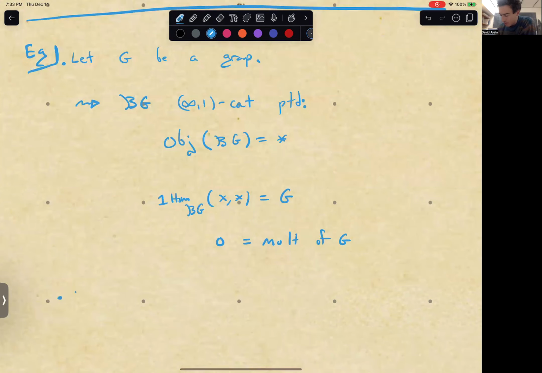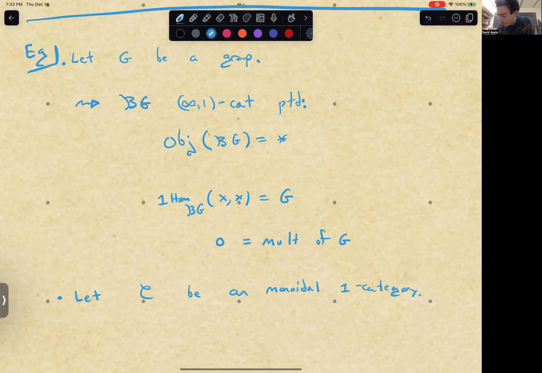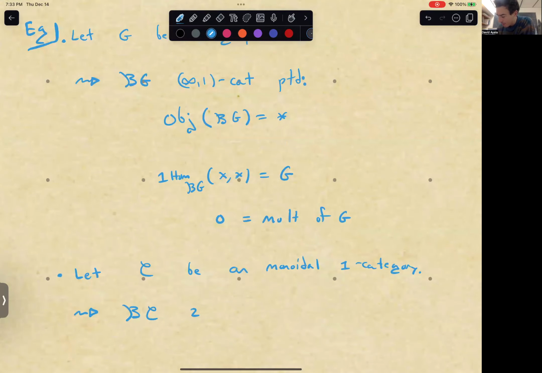So more generally, let C be a monoidal one category. Then there's a way to regard it as a two category, BC, which is an infinity two category. And it will be pointed as well.